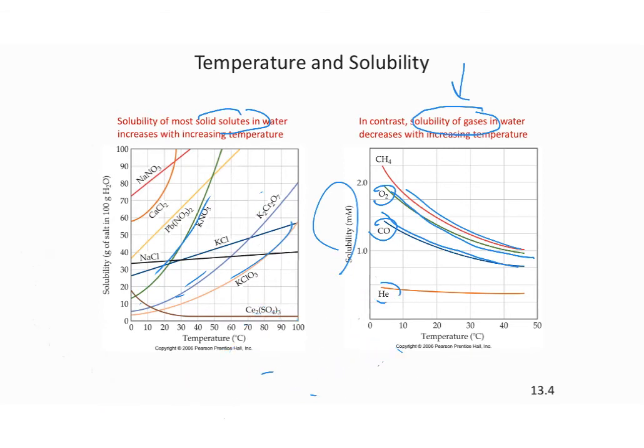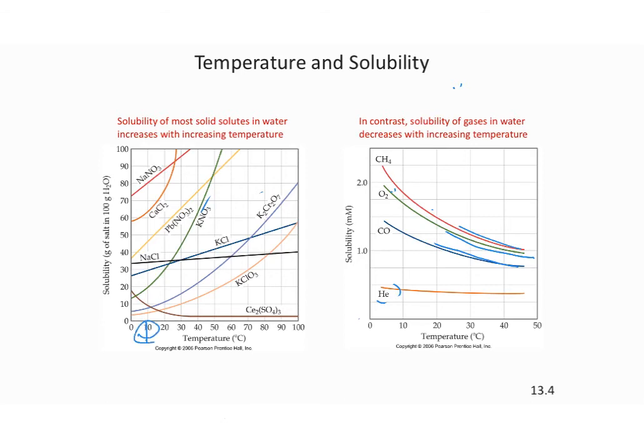Let me show you a little bit of other information you can get out of them. Some of the common questions you can be asked. A real easy question I might ask would be, what is the solubility of calcium chloride at 10 degrees Celsius? Here's 10 degrees Celsius. Now I've got to find the calcium chloride curve. Here we go.